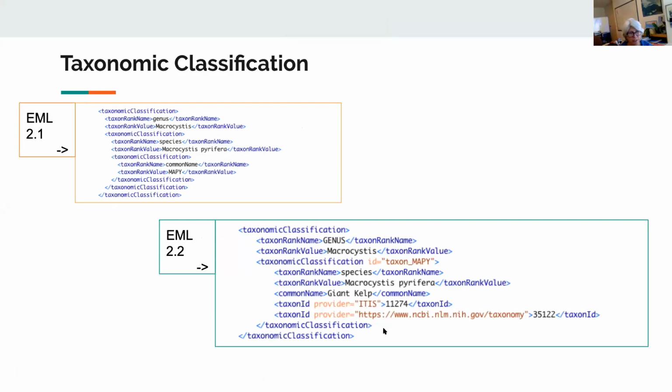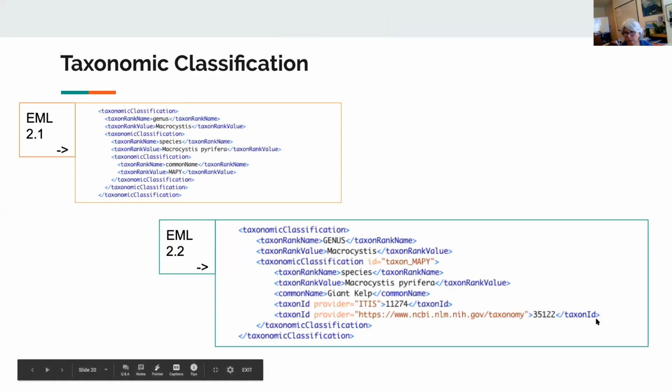As far as EDI supporting EML 2.2 features, the phase 1 plan is to add to the XSL template so that things like these new labels show up. I've got the taxonomic classification slide showing now. So here's my mistake: where I wrote the string IDIS, it should be idis.gov.